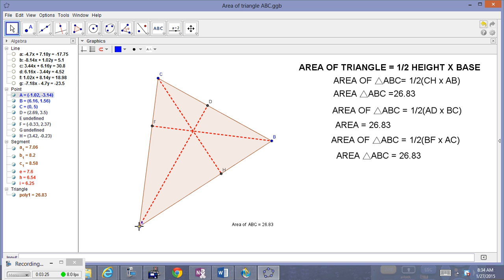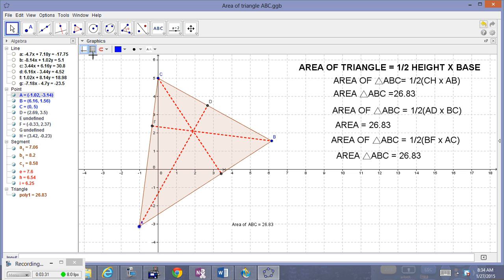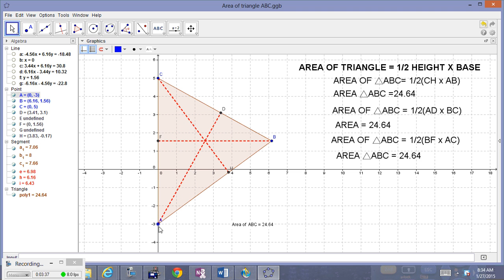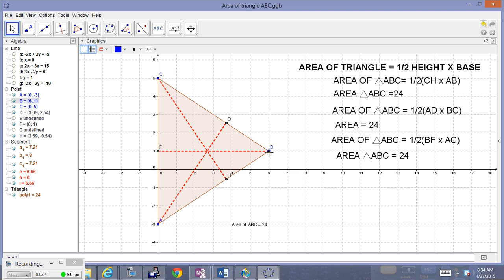Now, okay, let's look at something a little bit more conveniently, looking at the grid and taking the triangle and moving it into more convenient locations. Okay, so let's just say that this was the arrangement of our triangle with the coordinates of A, B, C as indicated here, (0, -3), (6, 1), and (0, 5).